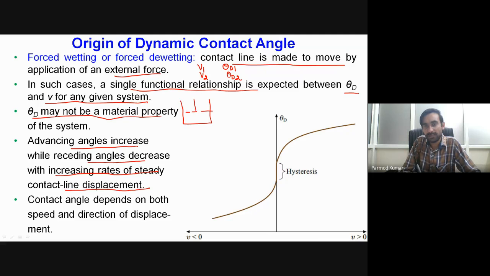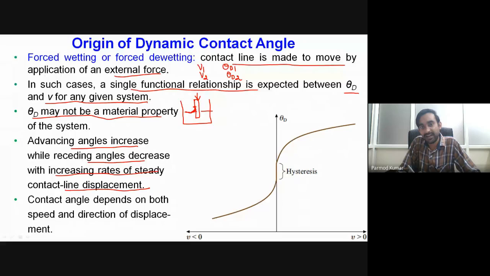For example, if I have a liquid bath and I am dipping a solid surface into it, the liquid will attach over this surface and try to move in the outward direction. So we have a certain velocity of the contact line, which is equal to the rate at which this plate is being pushed into the liquid.